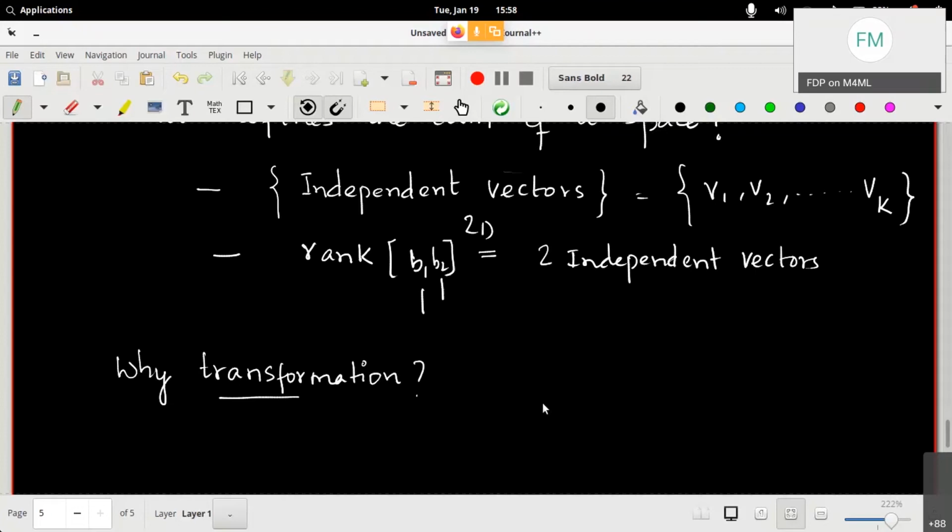One would be, let's say I have a vector here, vector v. Now I want this vector to move a certain distance and align here, so vector v prime. So vector v moved from here to here. What I essentially did was a mapping which moved from here to here.